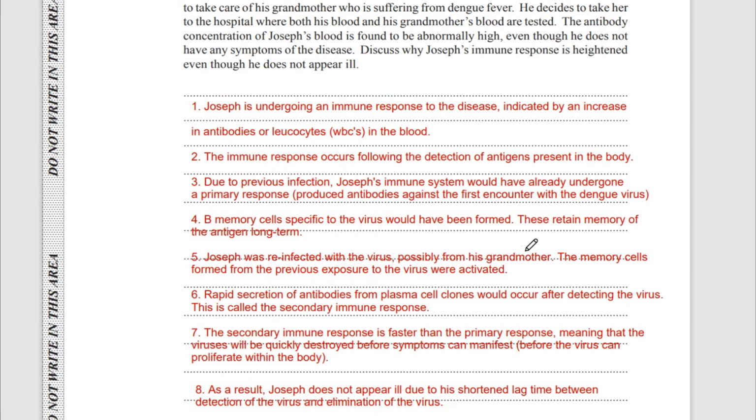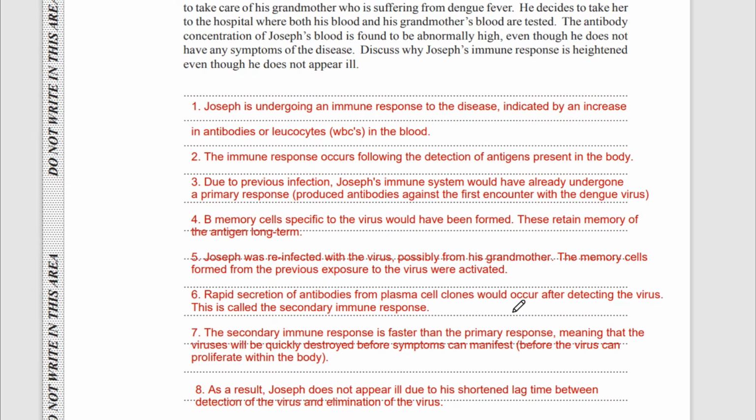And they're able to enact a quick response due to previous exposure to the virus. This quick response would be a rapid secretion of antibodies from plasma cell clones. They would have been able to multiply very quickly after detecting the virus. They wouldn't wait, they wouldn't try to analyze, but like, we know this already. So this is called the secondary immune response.